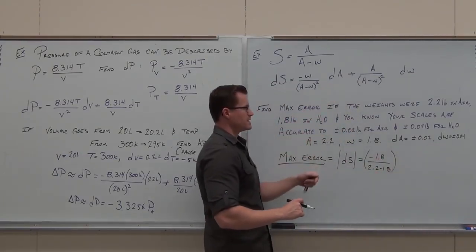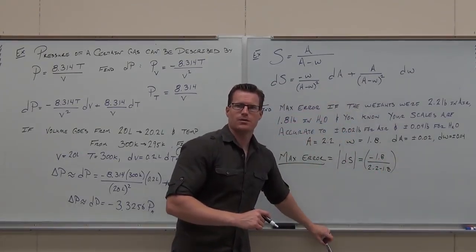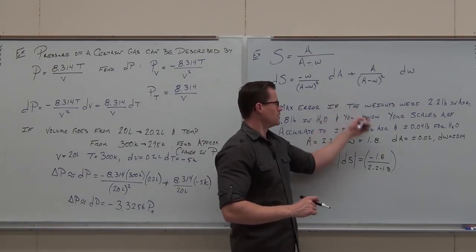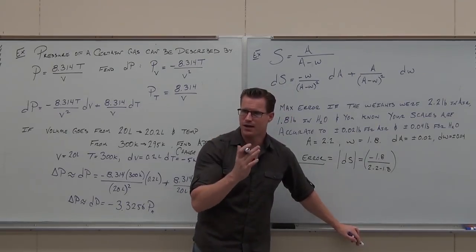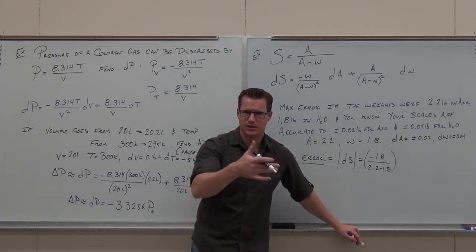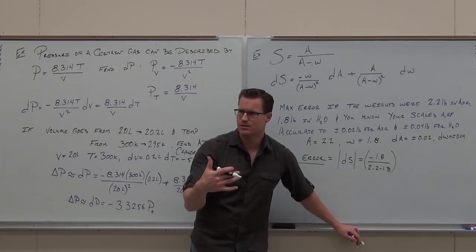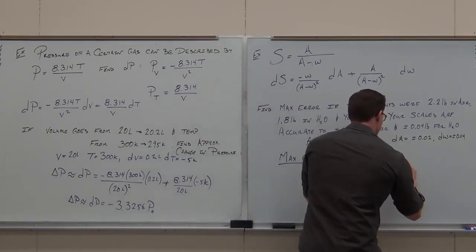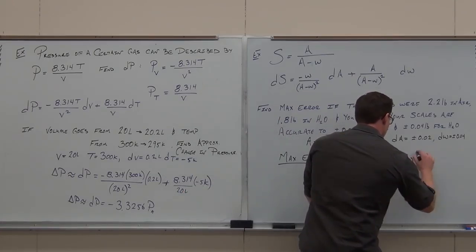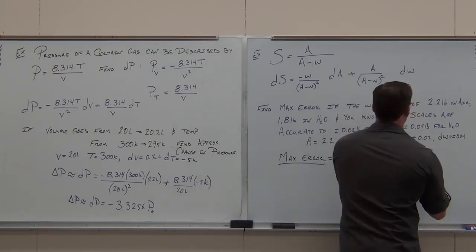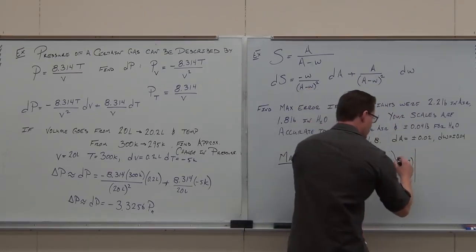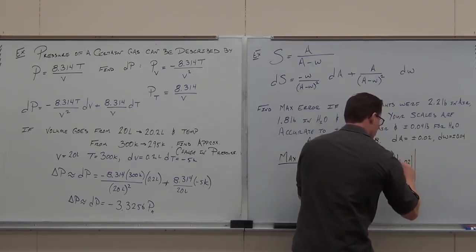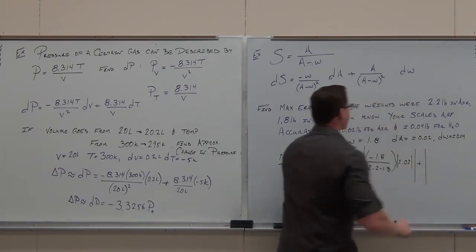We're going to multiply that by dA. The maximum error there, in either direction, is 0.02. The absolute value of that is just positive 0.02. It negates that negative. Does that make sense to you? That's what happens. You know what? We'll do it that way. Yeah, we got that one.